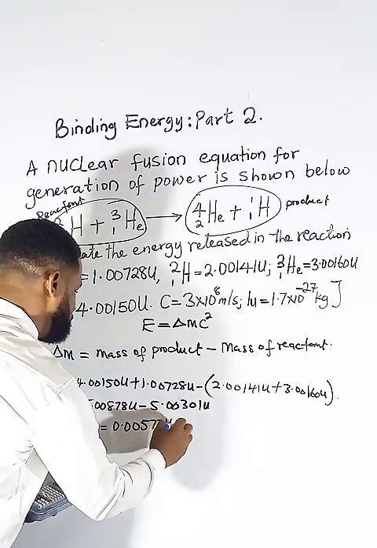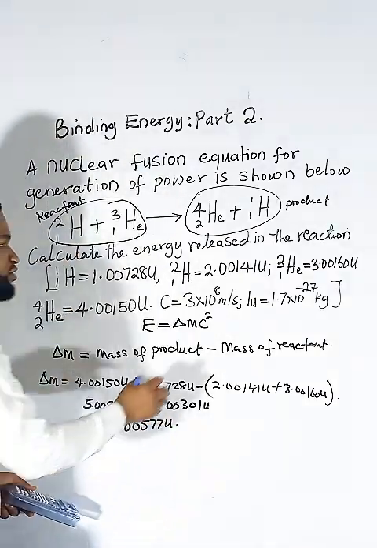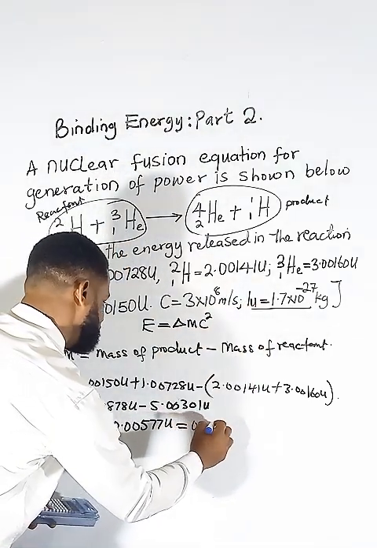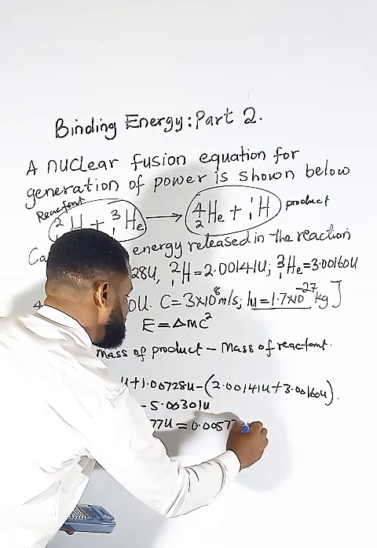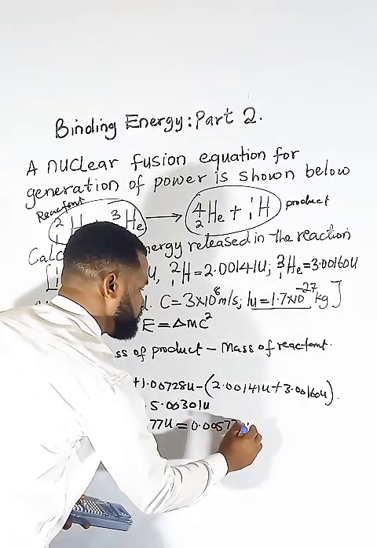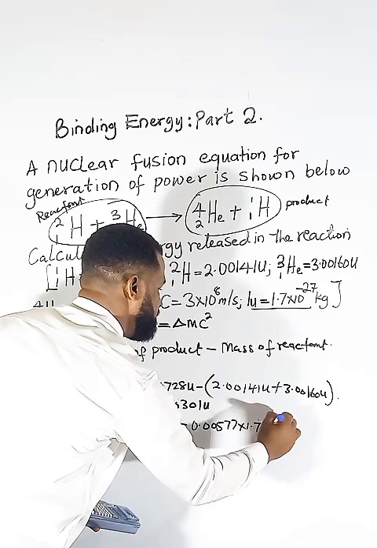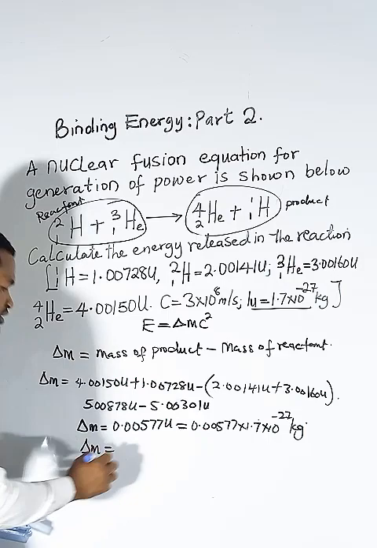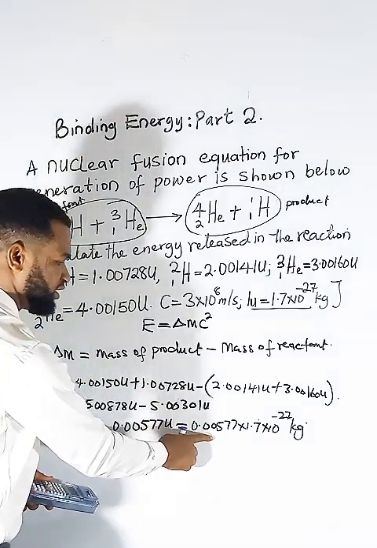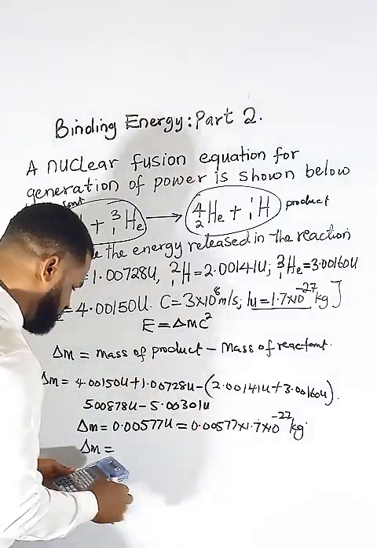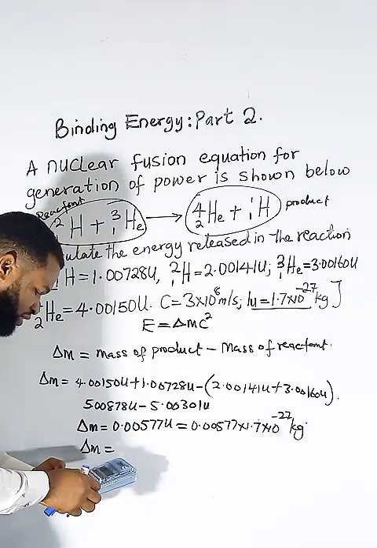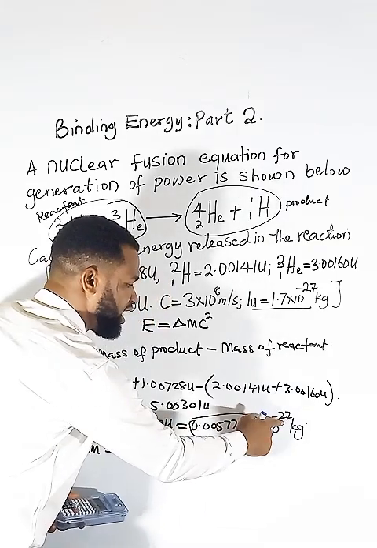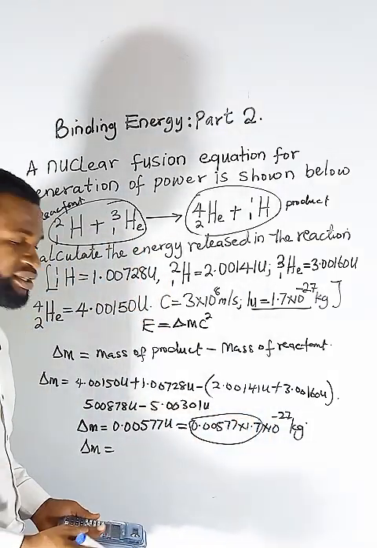So we now say that the mass defect is given as 0.00577 u. We also know that 1 u is given as this value, so I'm going to say that this is equal to 0.00577 times 1.7 times 10 raised to the power minus 27 in kilogram. So I'm going to give this mass defect in kilogram. I'm going to multiply this by 1.7. The one that has 10 raised to the power, I will keep separate.